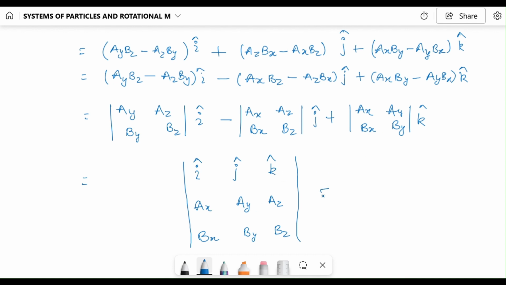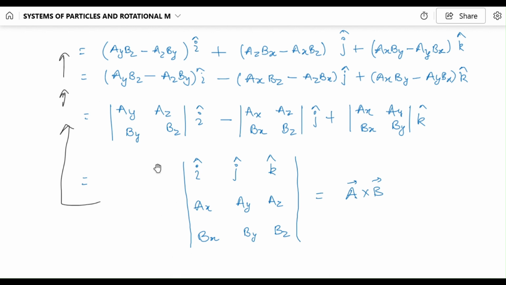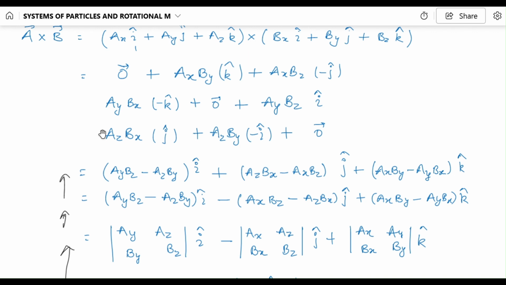Ultimately we have reached a situation where we have obtained this cross product A cross B. Now you can go the other way, start from here and move in reverse, and you can reach up to this point.